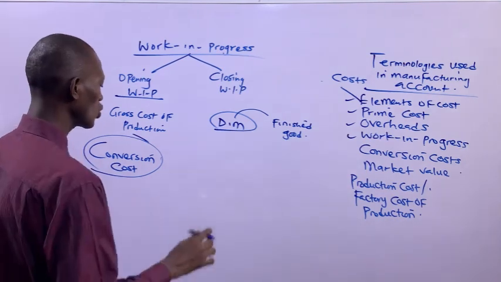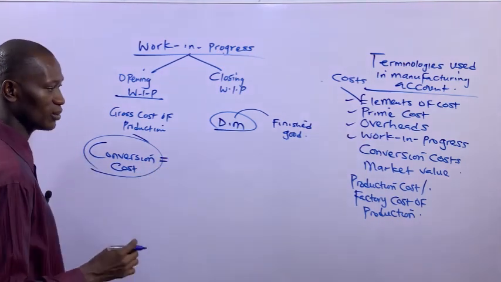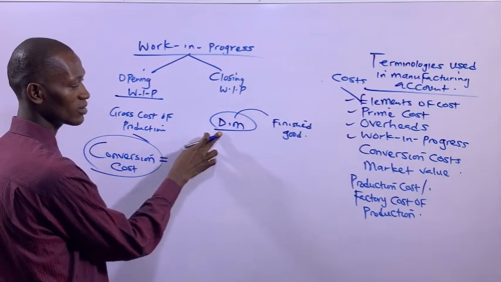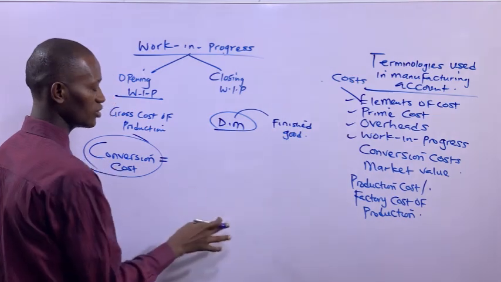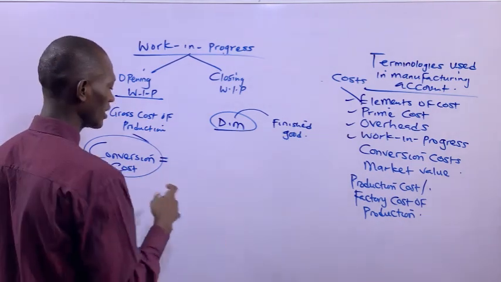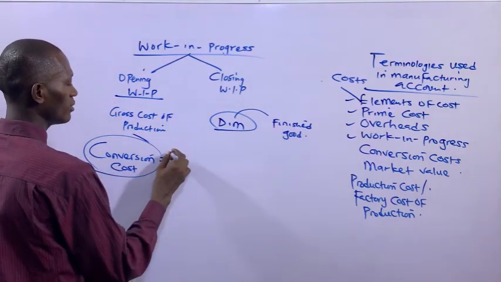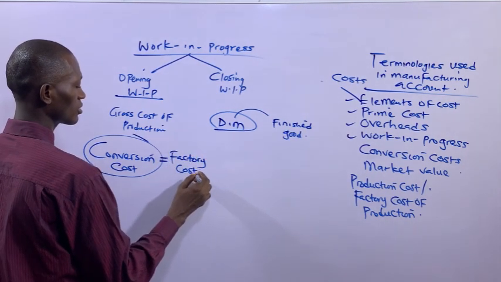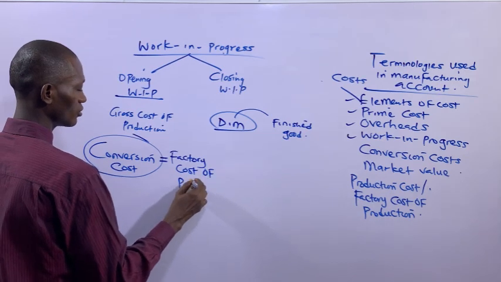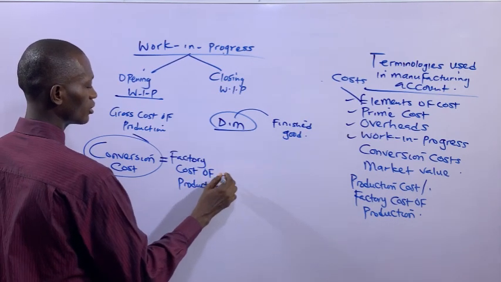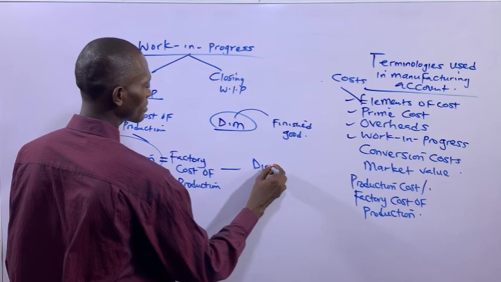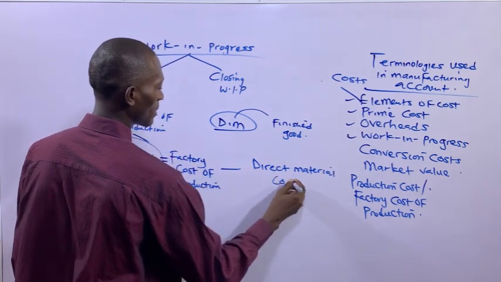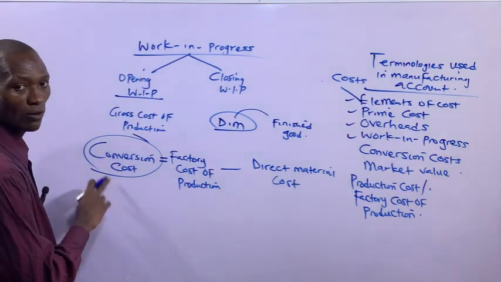So to get your conversion cost, it's very simple because you already have direct material, and you want to transform this into finished goods. There are two ways you can get your conversion cost. You could have factory cost of production minus direct material cost, then you have your conversion cost.